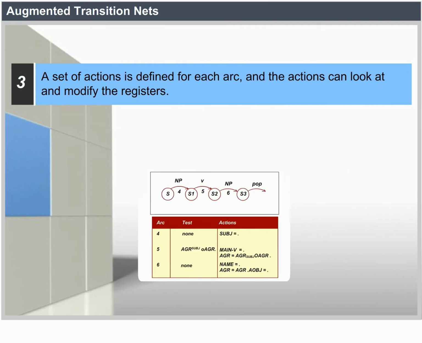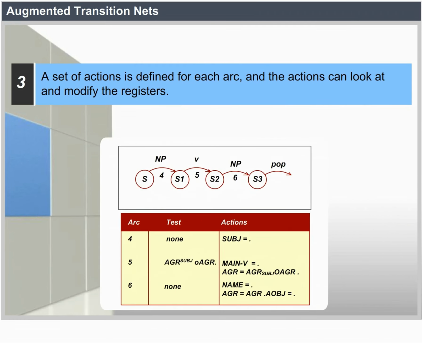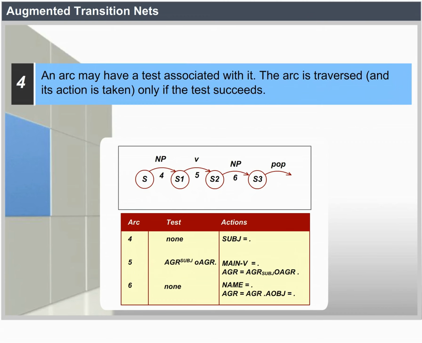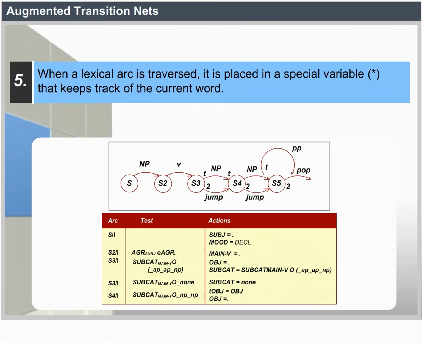A set of actions is defined for each arc, and the actions can look at and modify the registers. An arc may have a test associated with it. The arc is traversed, and its action is taken only if the test succeeds. When a lexical arc is traversed, the word is placed in a special variable asterisk that keeps track of the current word.